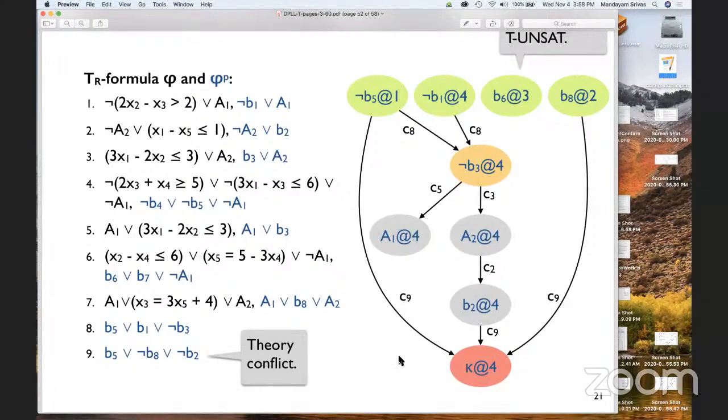And also the other thing is that general simplex, when it is used with optimization, usually has an objective function that is given in addition to the constraints, and it has to maximize or minimize the objective function.